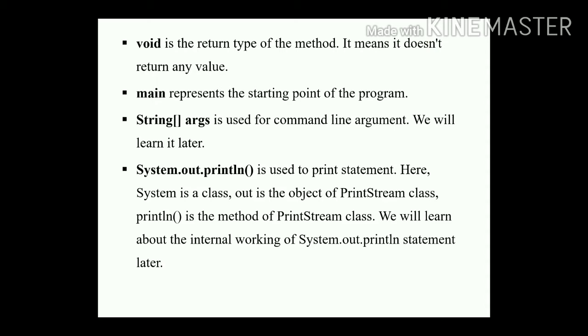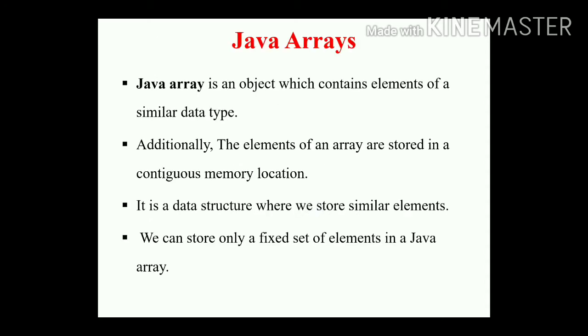Next, we are going to discuss the Java array concept. How can we write array programs in Java? A Java array is an object which contains elements of a similar data type.